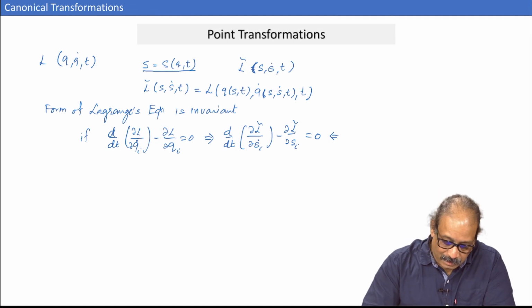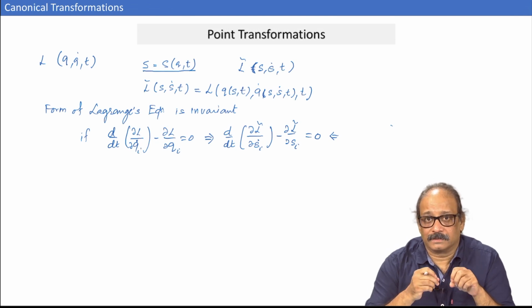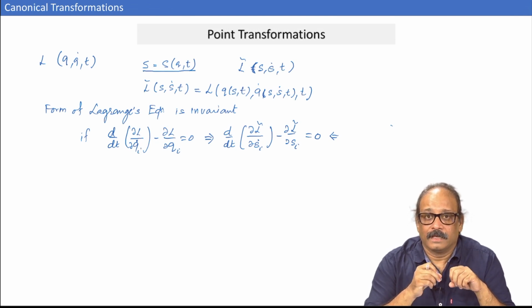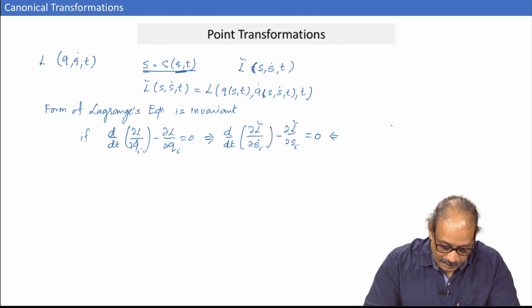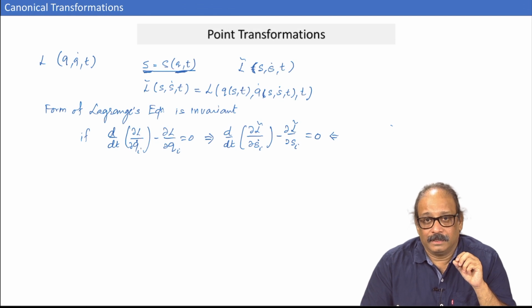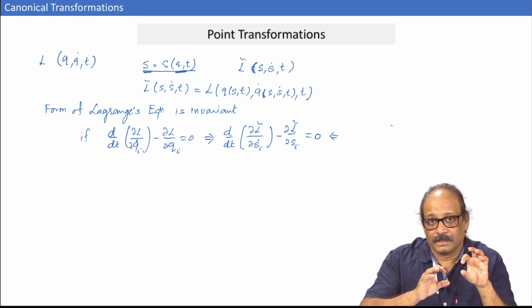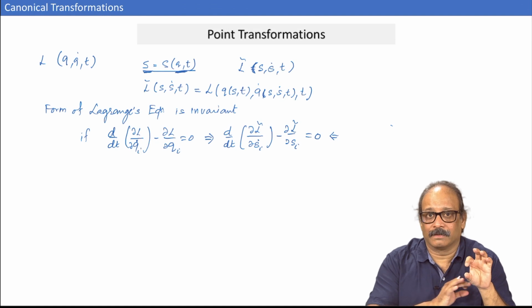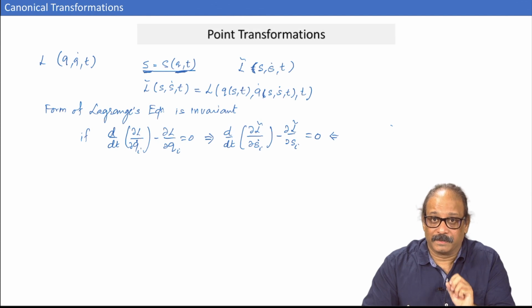And these transformations have a special name, they are called point transformations. And this happens because of one reason. See, when you change from old coordinates q to new coordinates s, what happens is this: the s dot variable is not free to change. You see, it is not a transformation of q to s and q dot to some other s dot. S dot changes in a very specific way.